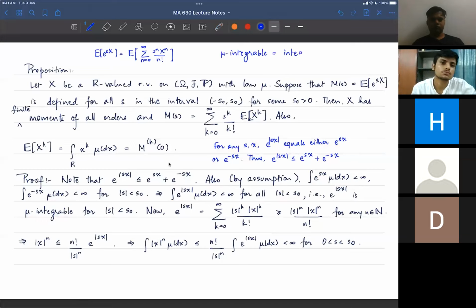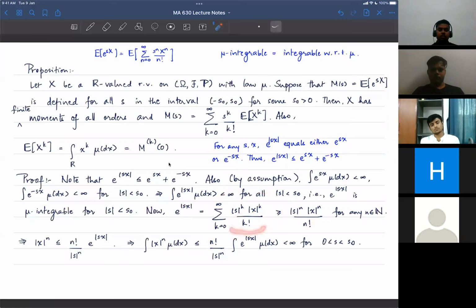And now I'll take e to the mod Sx and write down the power series. This is going to be the sum k going from 0 to infinity of mod S to the k, mod x to the k over k factorial. Now here I have an infinite series and every term is non-negative. So the sum of the series has to be bigger than every term.